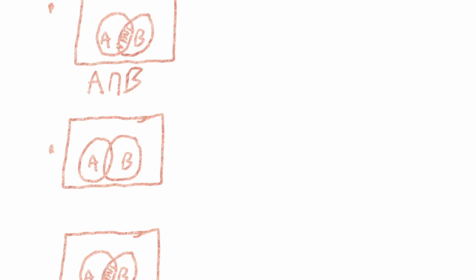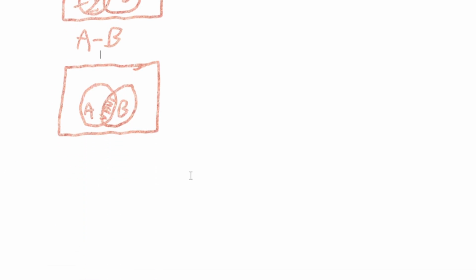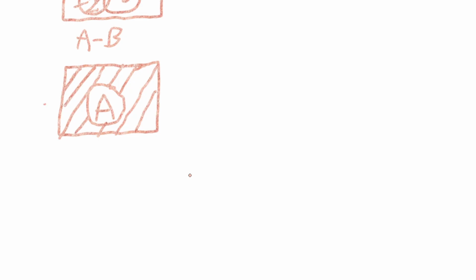So if we just shade in the Venn diagram for A, this is the difference of A and B. Then if we just have a set A, then everything in the universal set outside A is shaded in, but A is not. This is the complement of A.